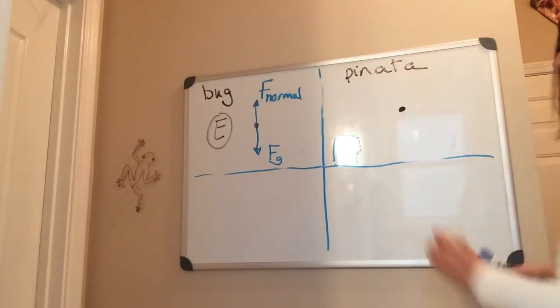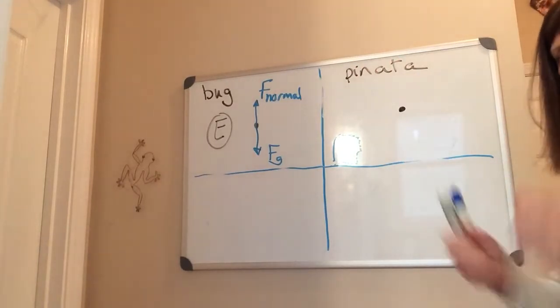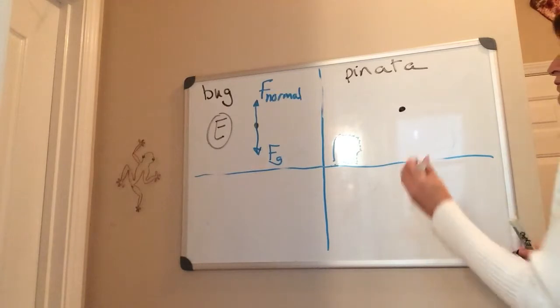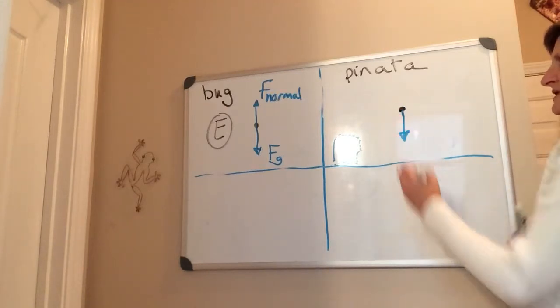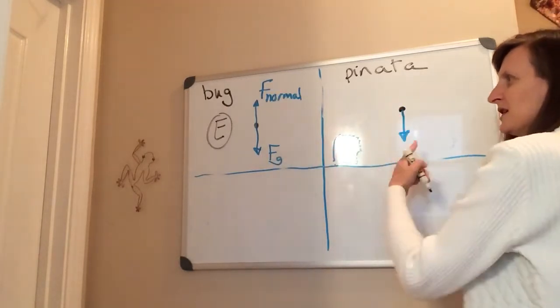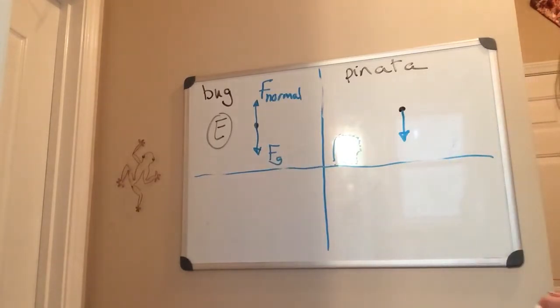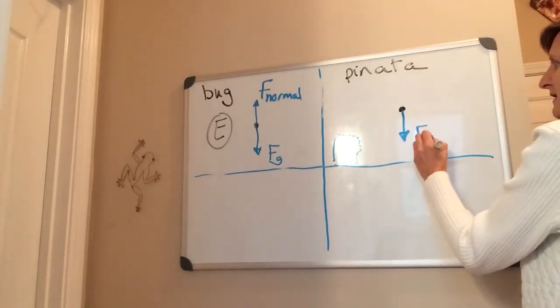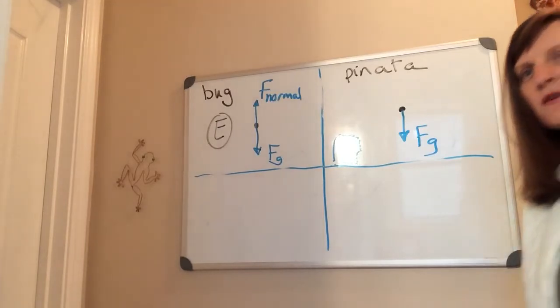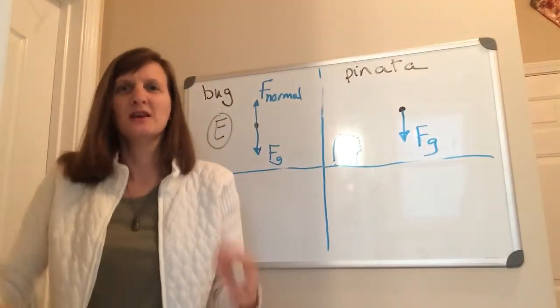If you said a dot, then you are correct. Yay! All right, so what is the name of this force that's going down? And you can use the other example as a guide there. And if you said weight or the force of gravity, then you are correct.